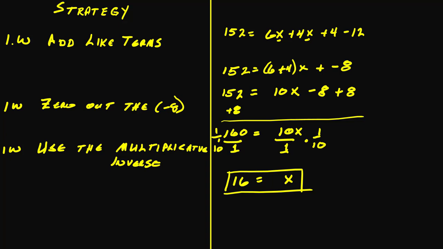This x goes into the expressions for the length of each side. So I'll be using that now to calculate the length of each side. So we've got that, x equals 16.